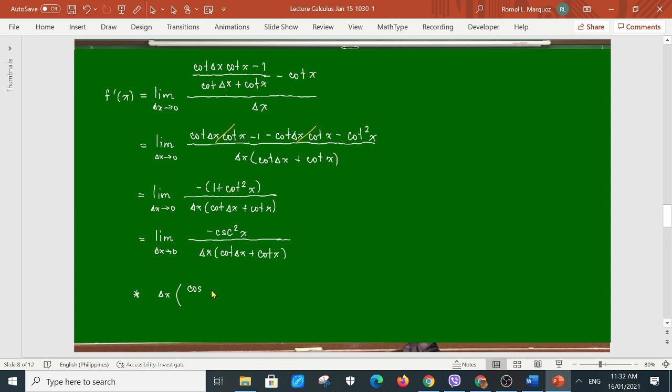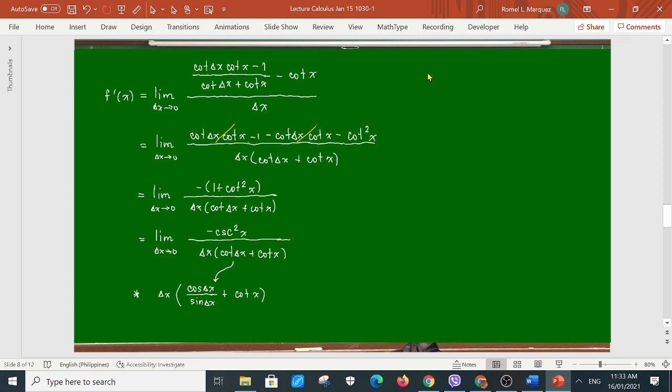Cosine of delta x over sine of delta x, okay? Plus cotangent of x. This is that part.